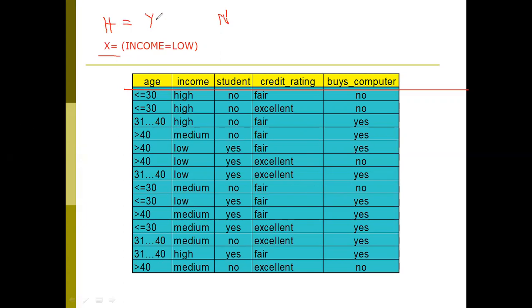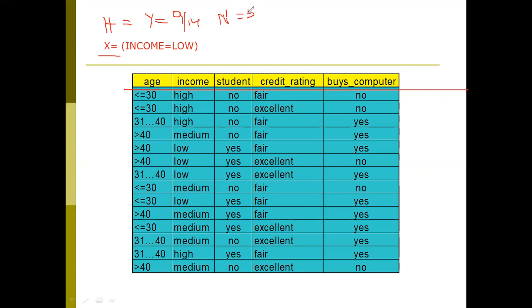For this total S number of class labels, here we have one formula, 9 by 14, isn't it? The probability of S class labels is 9 by 14. Why? Because 9 records are there out of 14 records. Here 9 records are labeled with S, and 5 records are labeled with no, isn't it?